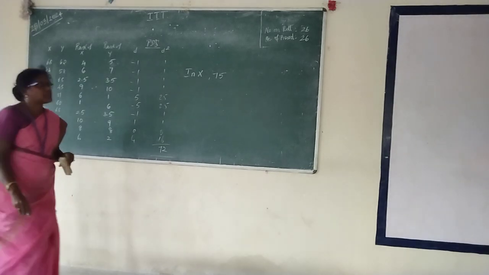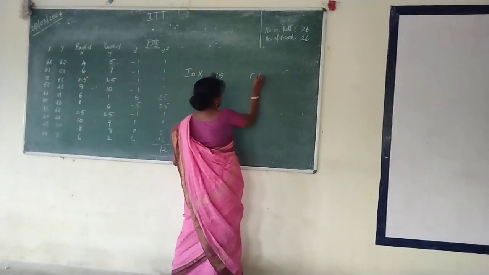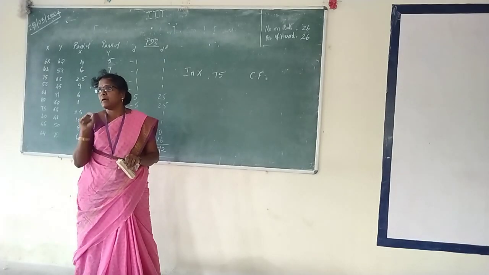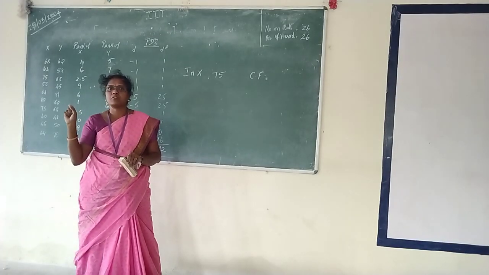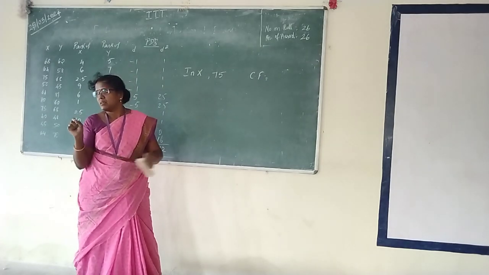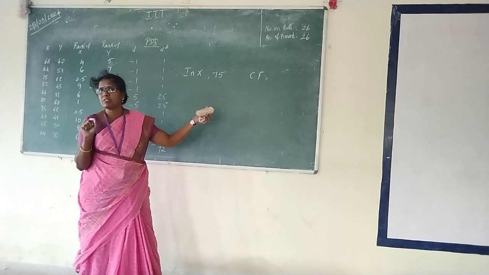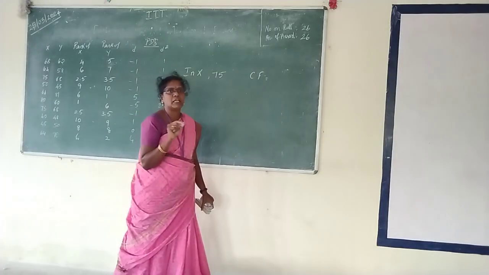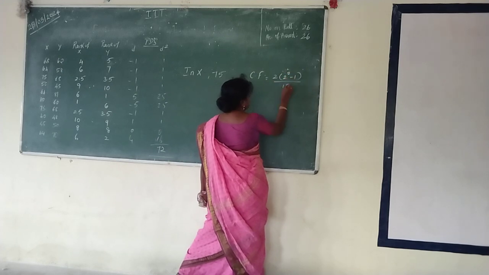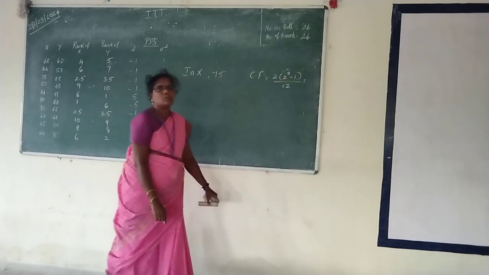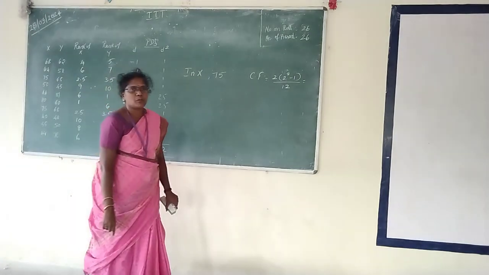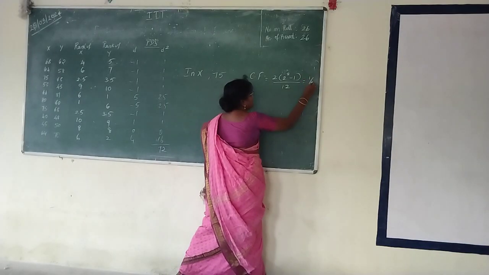Therefore, correction factor is equal to, what is the formula I gave you? m into m square minus 1 by 12. m stands for the number of times it is repeated. This 75 is repeated how many times? 2 times. So m is equal to 2. So 2 into 2 square minus 1 by 12. What is 2 square? 4, minus 1 will be 3. 6 by 12, which is 1 by 2.